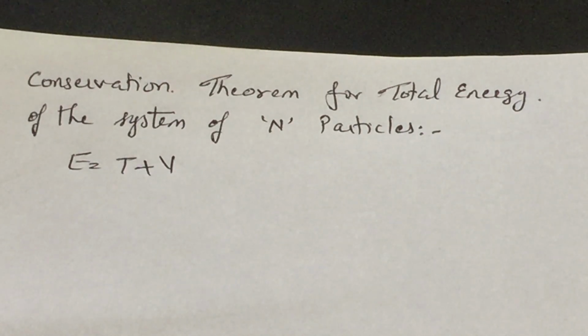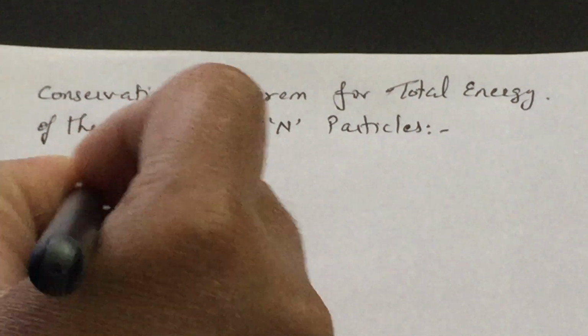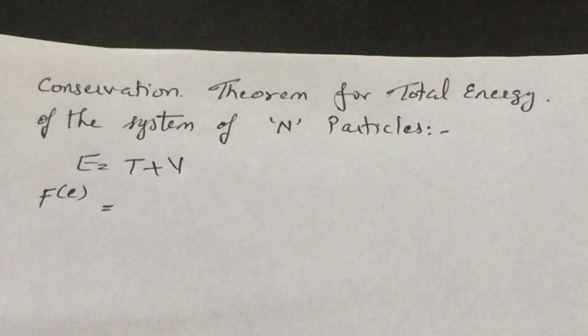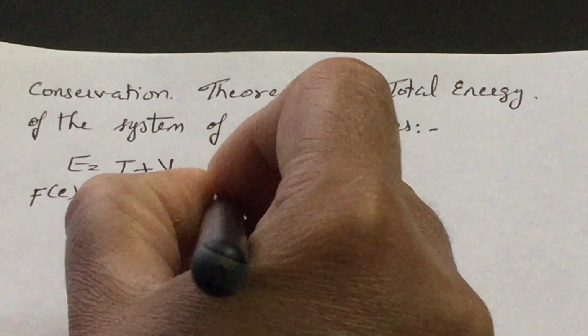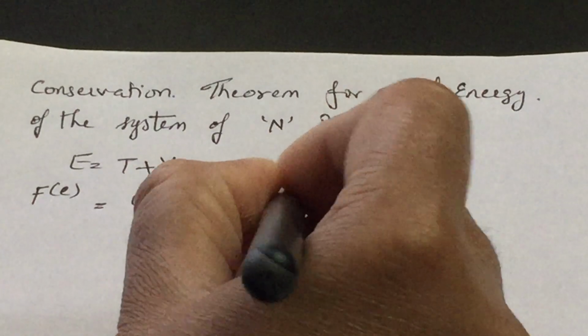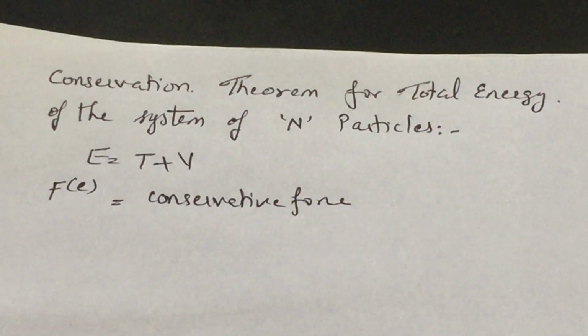There are two conditions. One is that the external force applied on the system is a conservative force. If the external force is conservative, then the total energy of the system may remain constant.